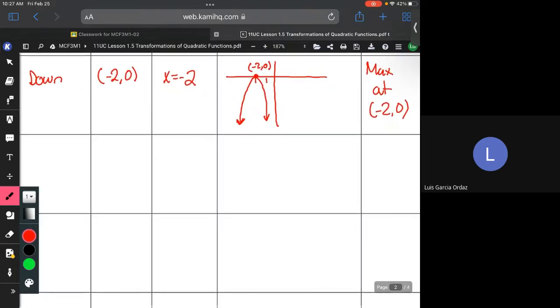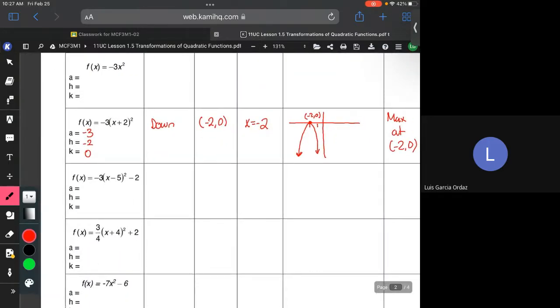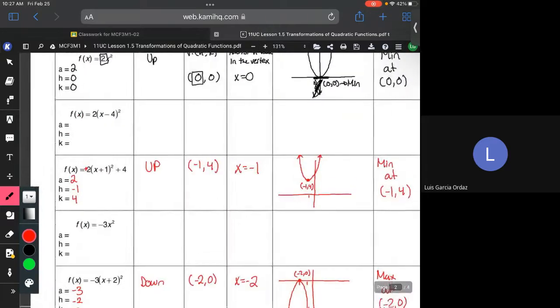Okay, so I'm going to keep this up here for you guys to copy down. That one is this one, -3 times (x plus 2) squared.